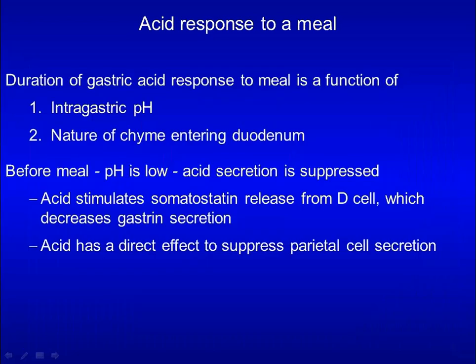Before a meal, pH is low and acid secretion is suppressed. There are two mechanisms to account for this. First, acid stimulates somatostatin release from D cells. Second, acid has a direct effect on parietal cells to suppress acid secretion.